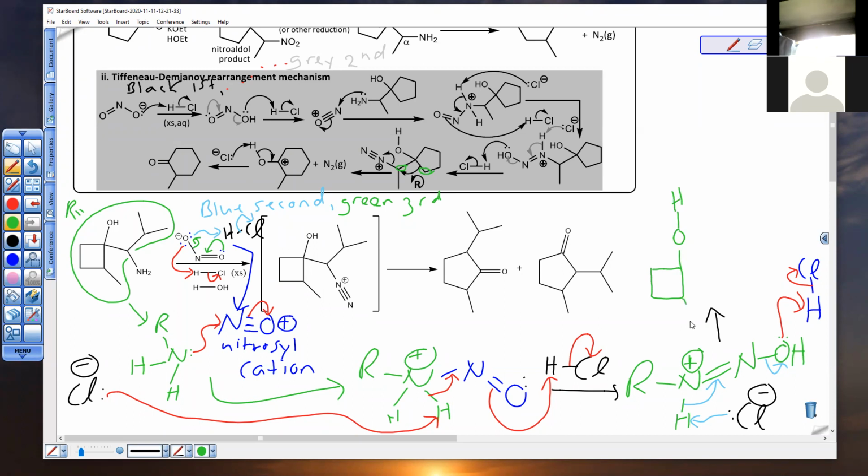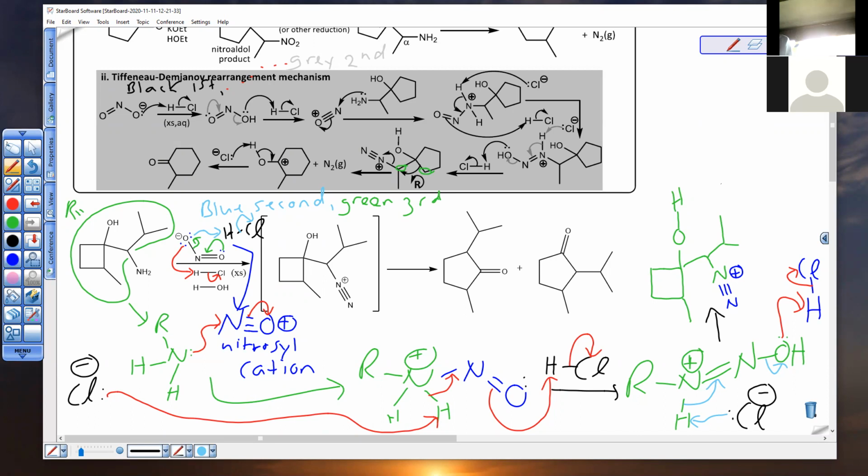We have a methyl here. We have a C with an N. Don't draw H2 because that's gone. What do we have? N triple N. Diazonium ion.